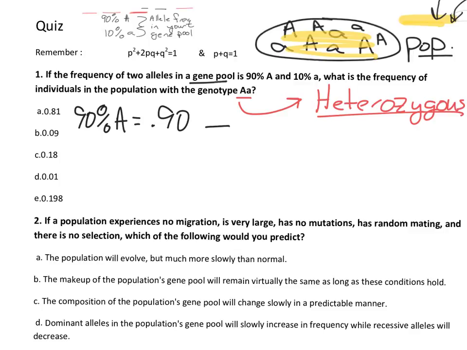Big A is dominant, so it's P. Now we have 10% little a, which is 0.1, which is recessive. That would be Q. So now we have P and Q. Is everybody okay with that so far? Okay, I'm good with it too.